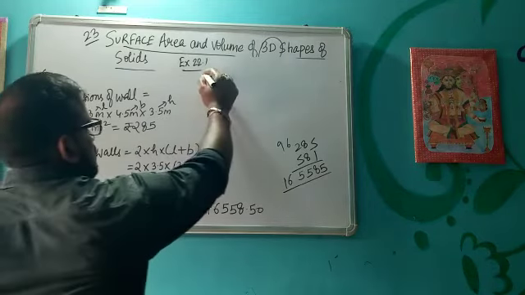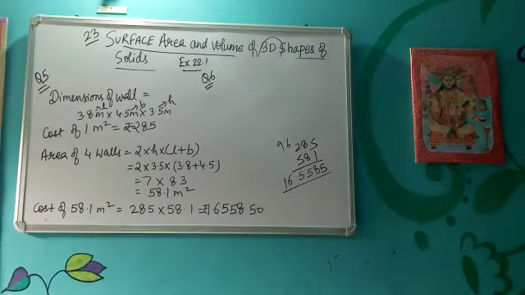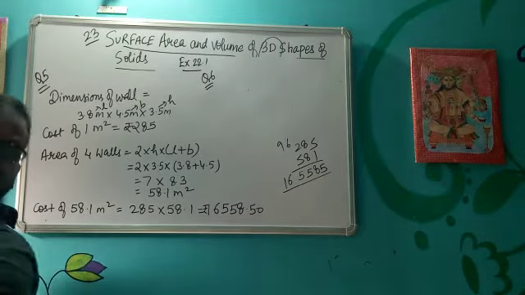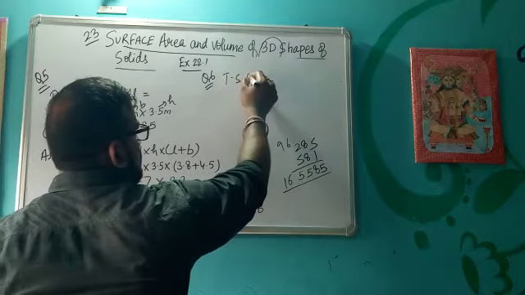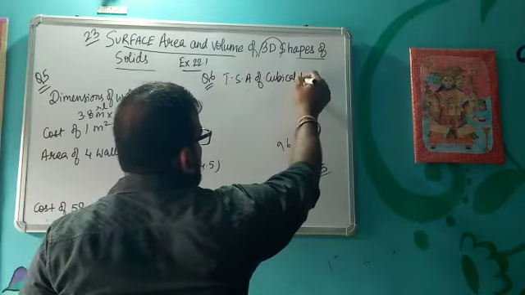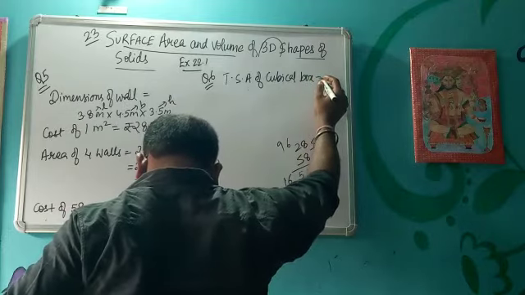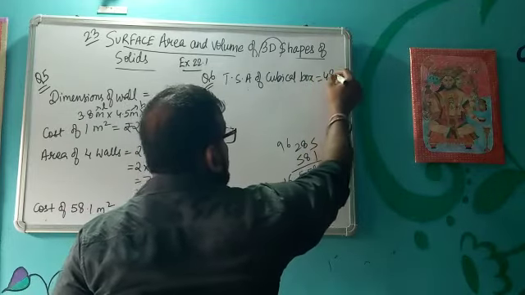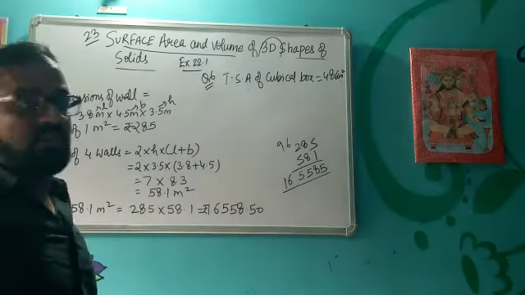Then in question number 6, it is given that the total surface area of the cubical box is 486 centimeter square, and we have to find the edge of the box.